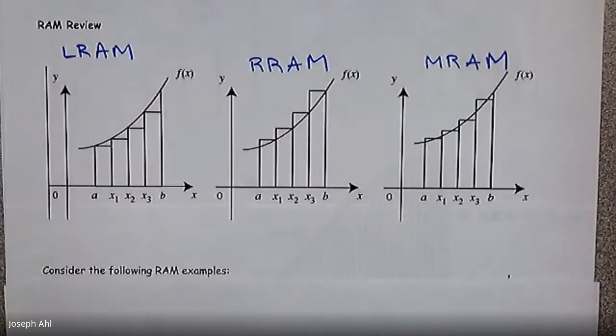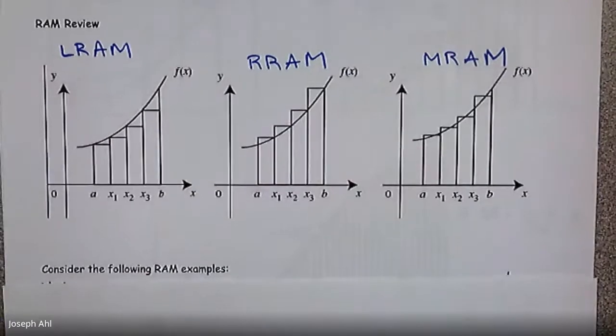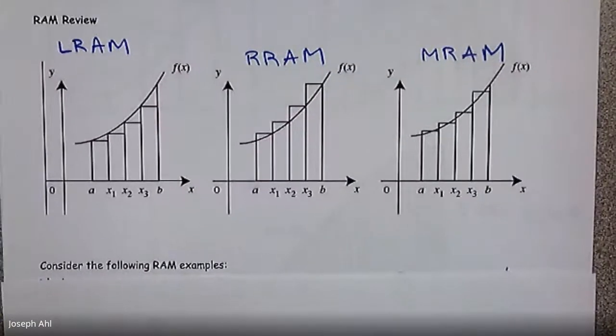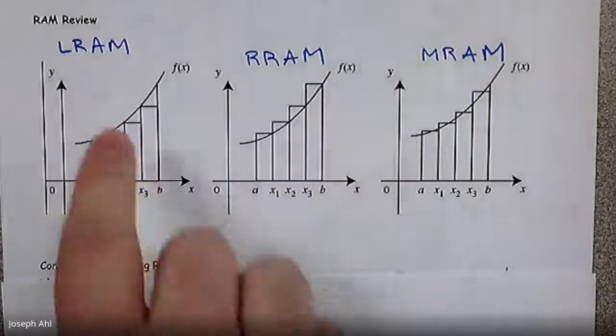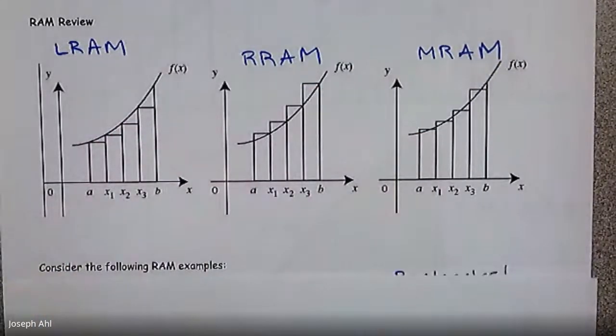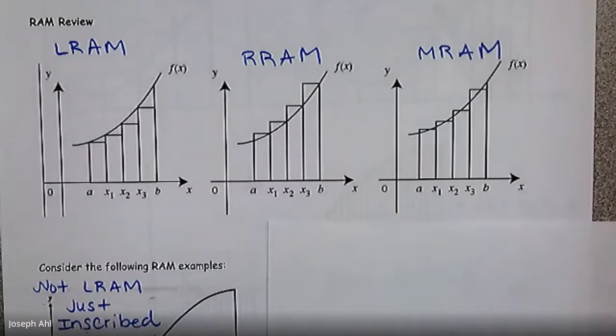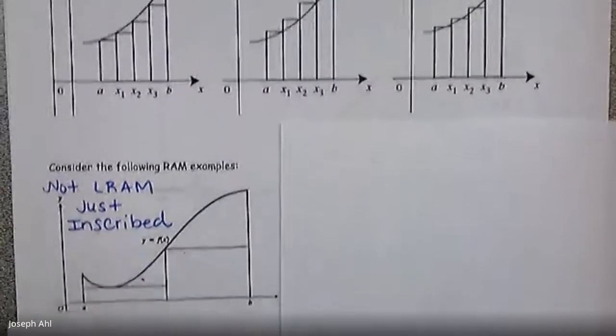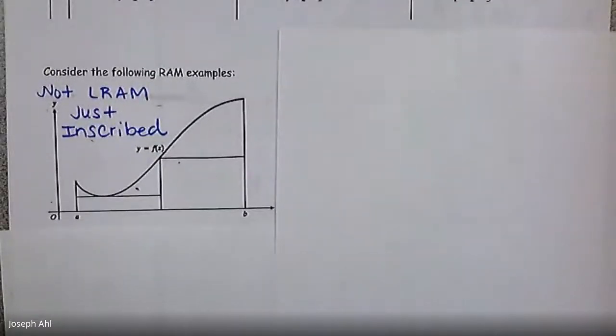Today we're going to consider many different diagrams, and we're going to start moving away from these exact RAM models of LRAM, RRAM, and MRAM. For example, the first diagram on the left side here is actually not LRAM.